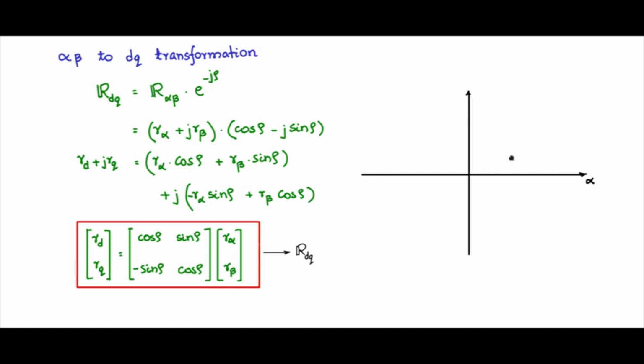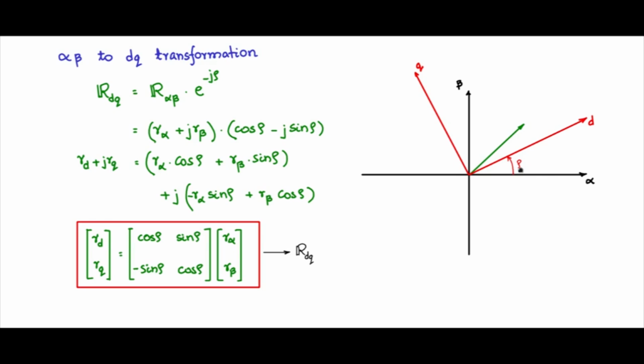This is the alpha and beta coordinate system. Let us take an arbitrary vector like that, and this red line is the D axis of the DQ reference frame. This is the Q axis, orthogonal, and the DQ axis is shifted from the alpha beta axis by an angle rho.